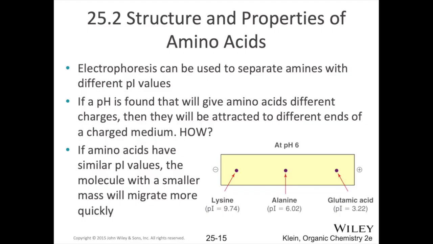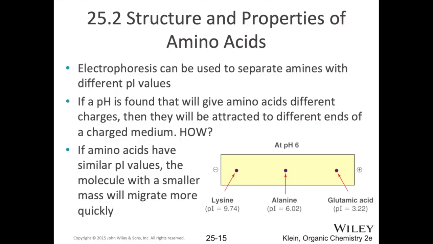This gets really useful when you want to separate out a mixture, or help identify the components of a mixture of amino acids, because if you put them on a gel and place it under an electrical current, ions will migrate to the oppositely charged electrode.